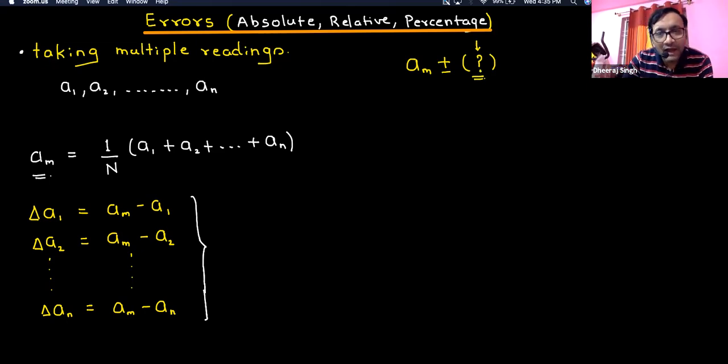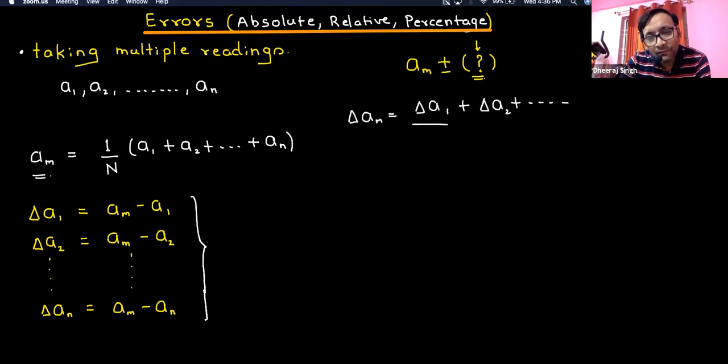Should I write delta A1 here, delta A2, delta An, what should I write? Should I take the mean of all these errors also? Can I say that the error will be equal to delta A1 plus delta A2 and so on, divided by n? Suppose I take infinite readings, the mean of delta A will be what?